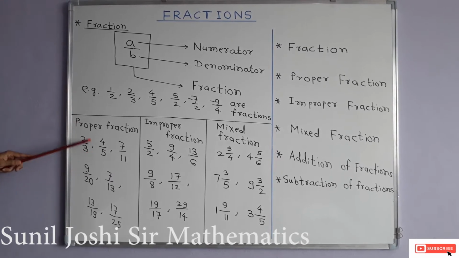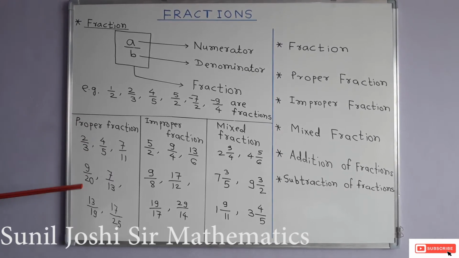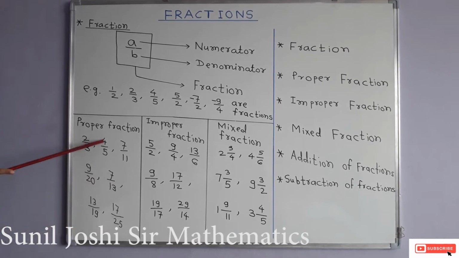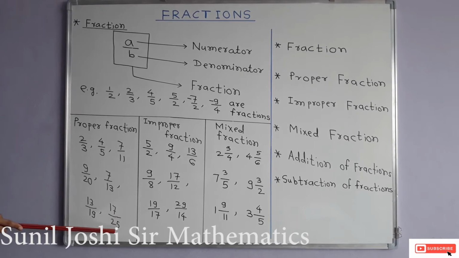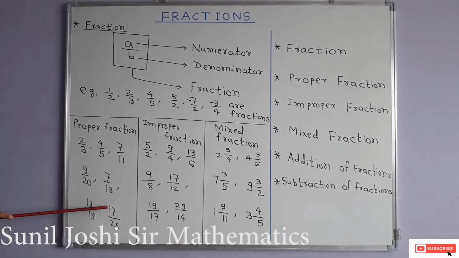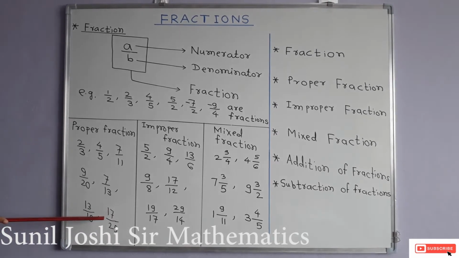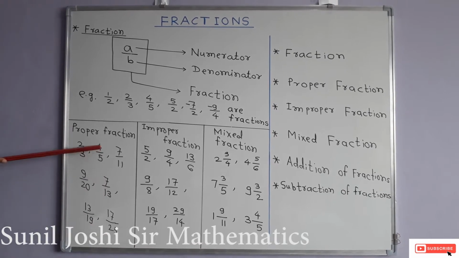Then such fractions are called proper fractions. For example, if you compare 17 and 25, you will see that 25 is larger than the numerator. So in this case, these are called proper fractions.